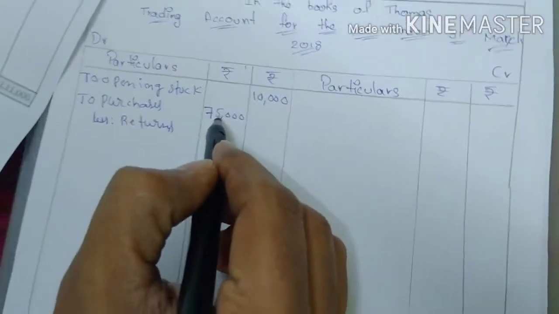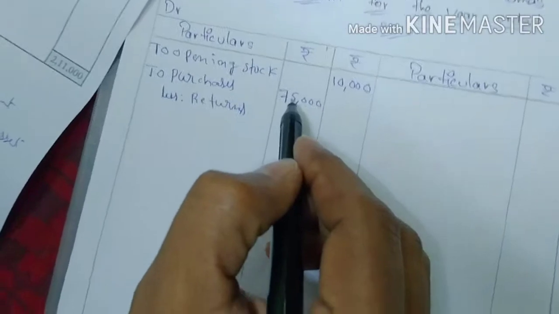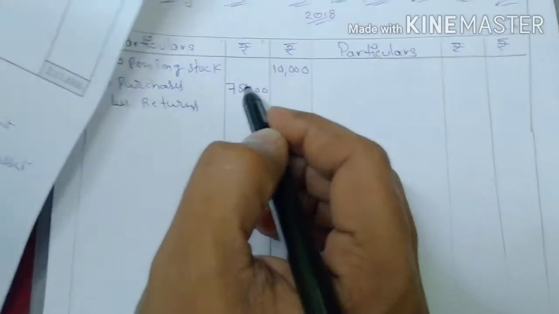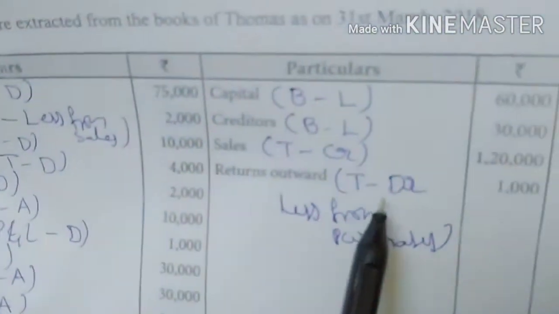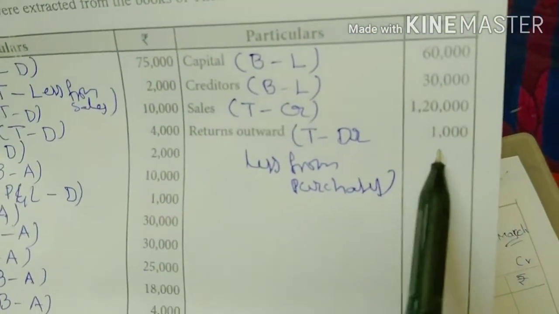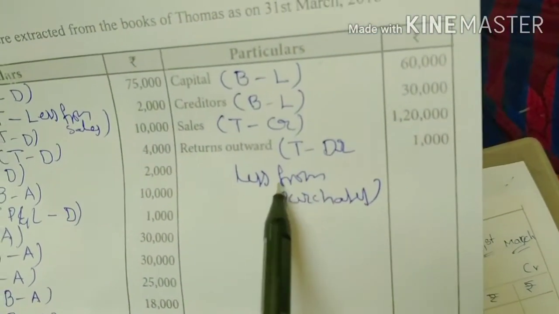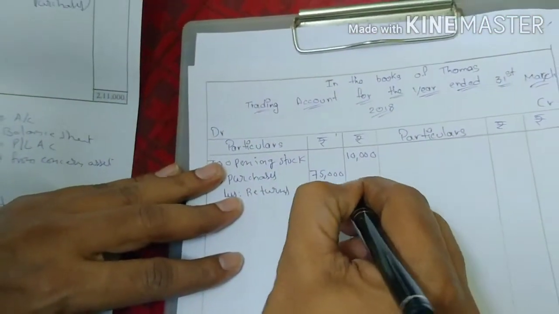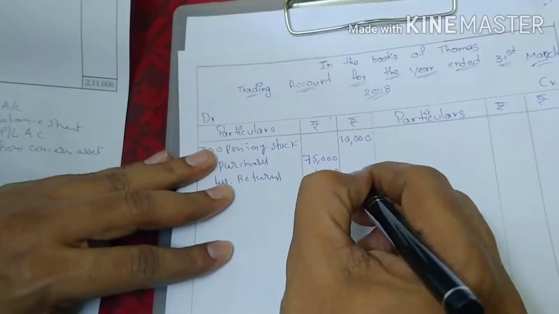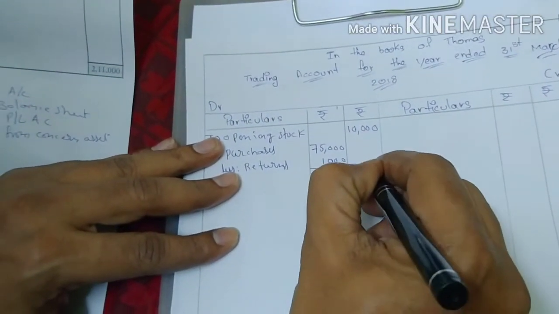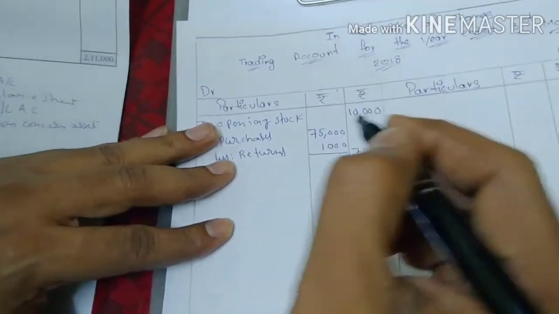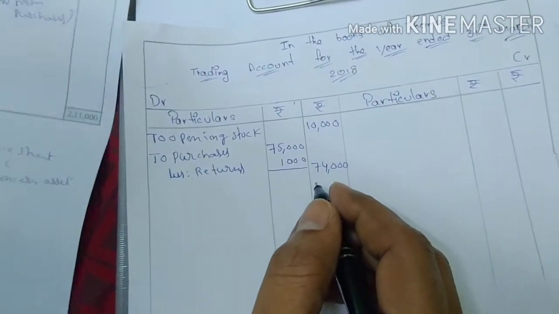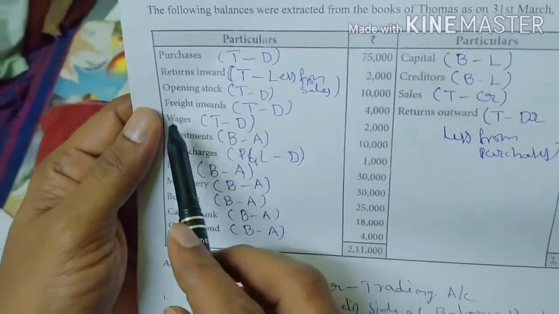Why we mention here is that there is an amount to deduct, the returns outwards of 1000 rupees, so less from purchases. Now the total amount is 74,000 rupees.